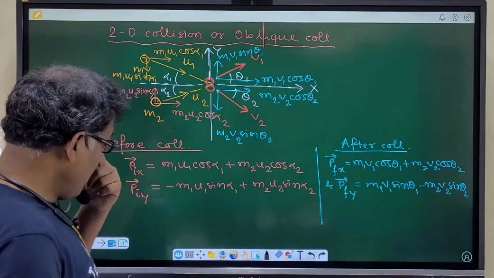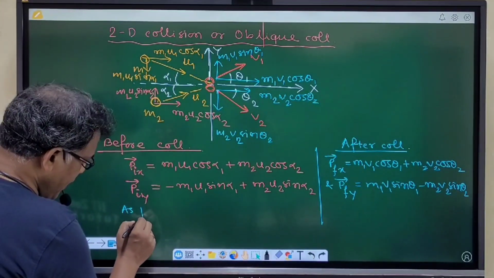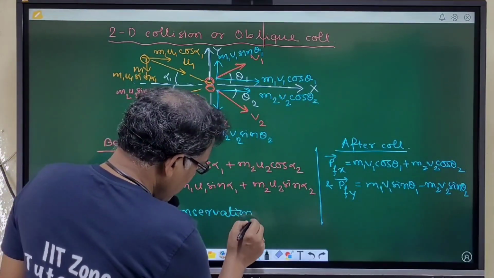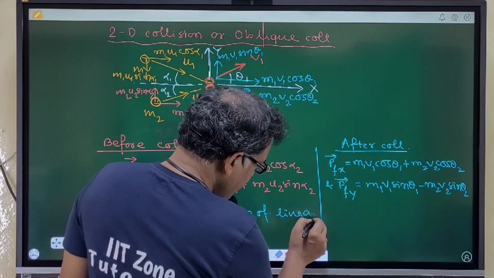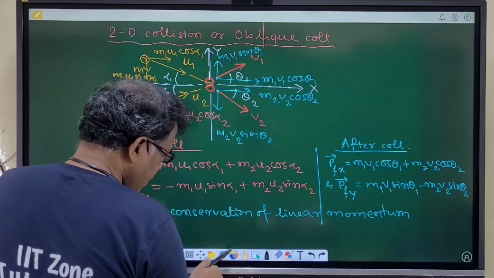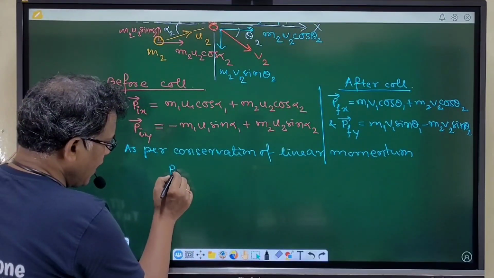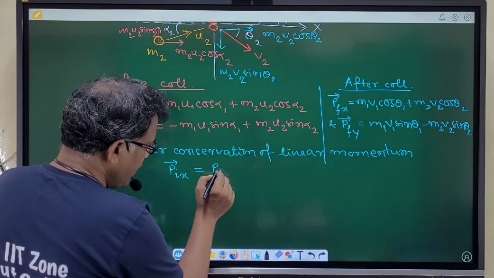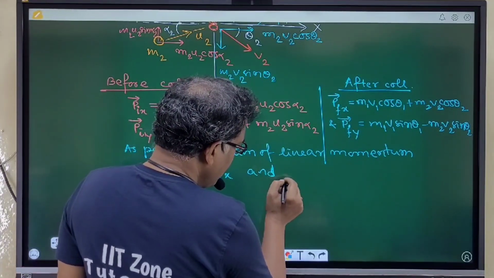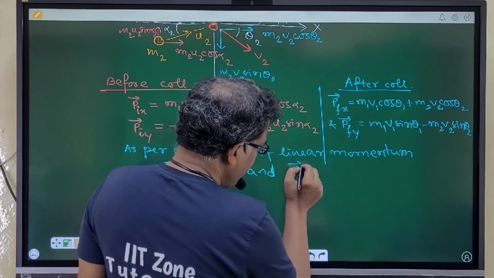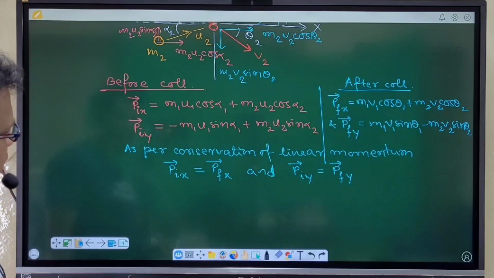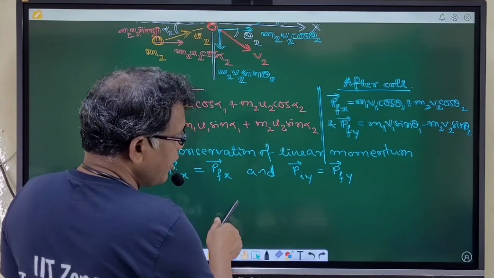So as per conservation of linear momentum, we can write P initial along x must be equal to P final along x, and P initial along y must be equal to P final along y. Is it clear?